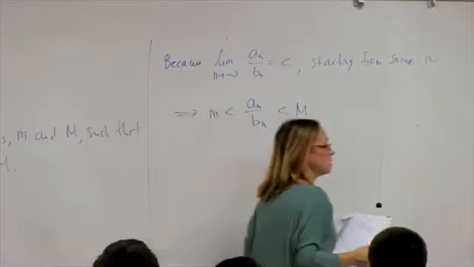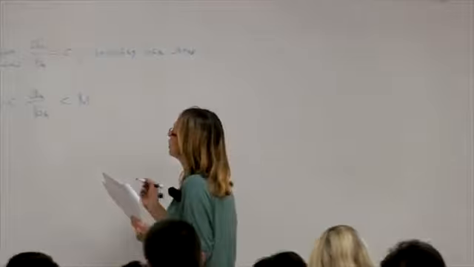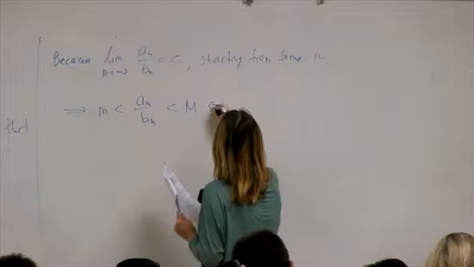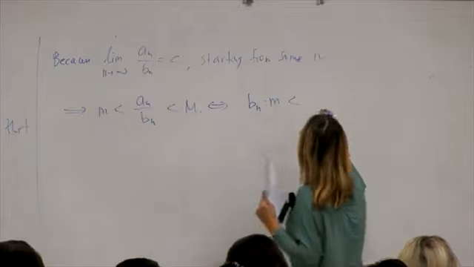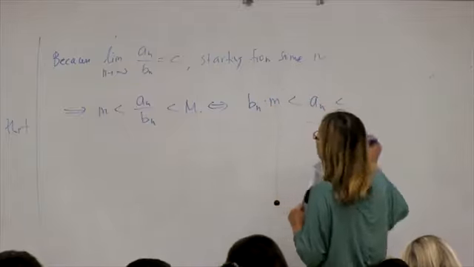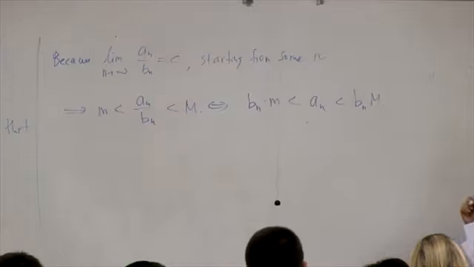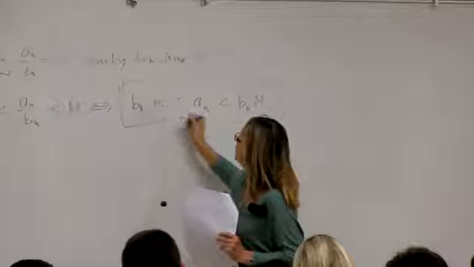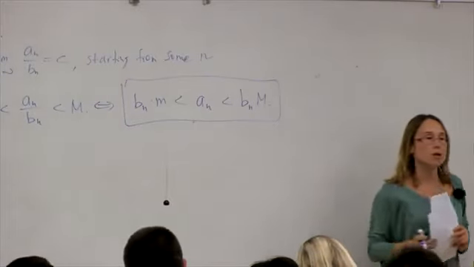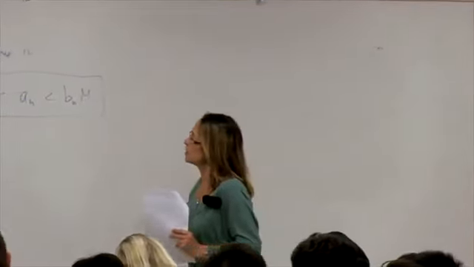Okay? Because the terms of my sequence are positive, we can multiply this whole thing by bn, and we have m bn less than an less than M bn. Okay? And this is pretty much all we need. Because now this theorem looks very much like a comparison test.